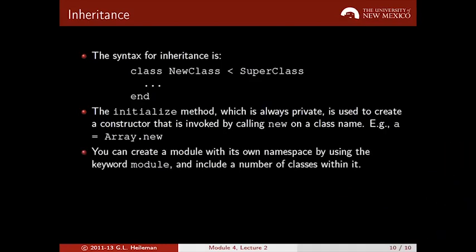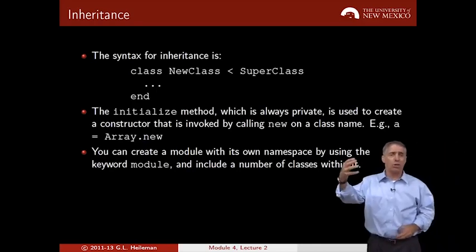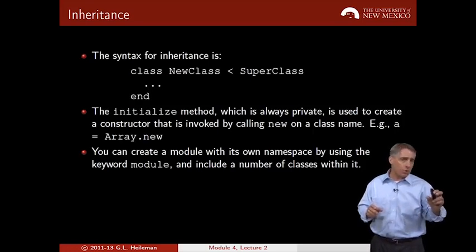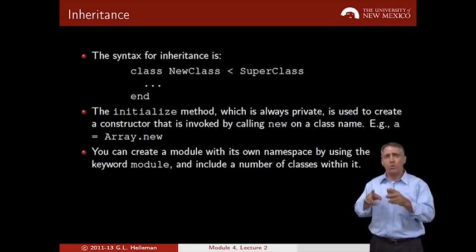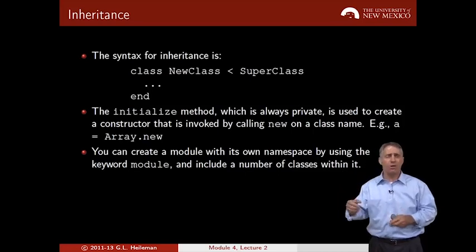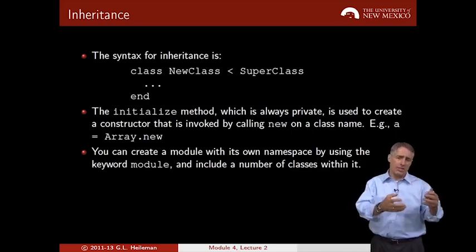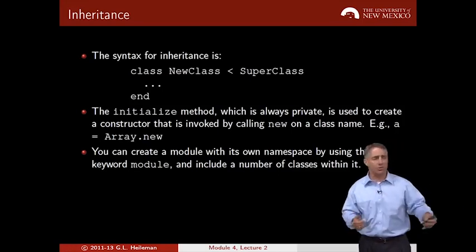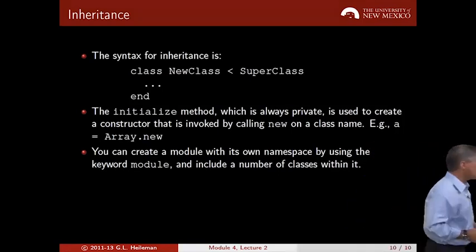You can also create a module that has its own namespace. You just put the keyword module around the class definitions, and then, as we've already seen, you invoke that particular class or a method within that class by using the :: operator. So the name of the module, ::, and then the names within that module that you're trying to access, the particular classes or instance variables.